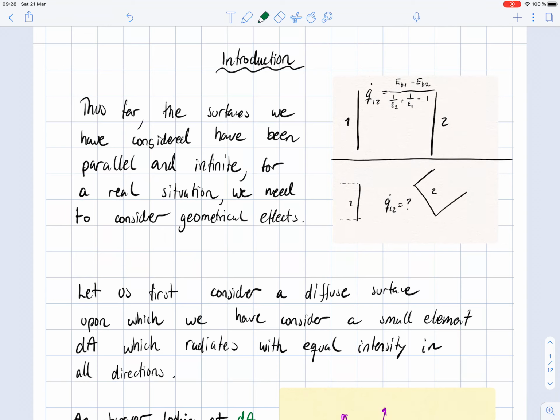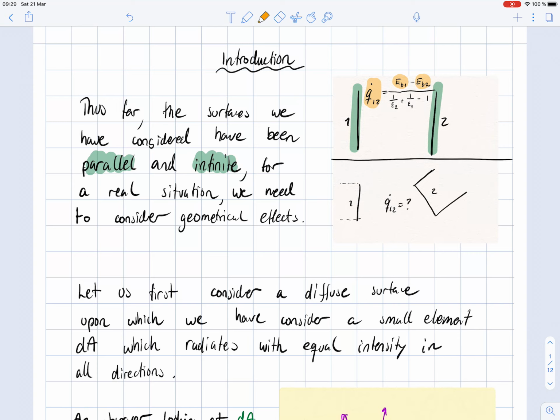So in the last lecture, we were looking at the radiation between parallel and infinite surfaces. As we have sketched here, we had a surface 1 and a surface 2, and we were able to calculate the net radiative flux, or the energy flux, between these surfaces based on information on the thermal state of surface 1 and surface 2.